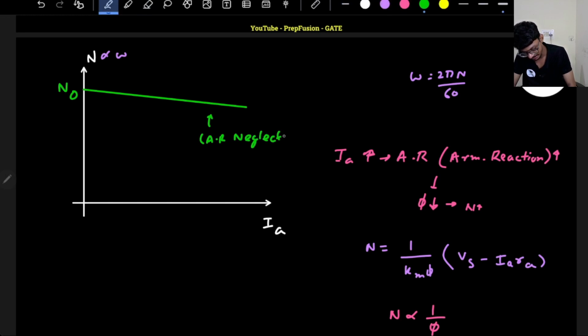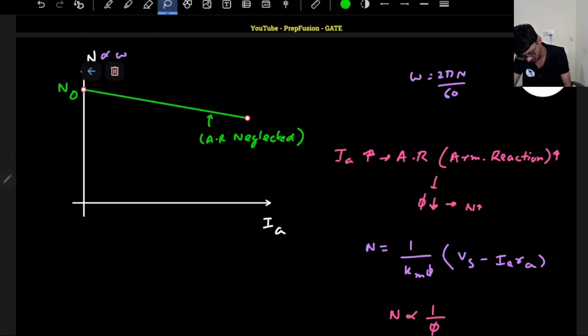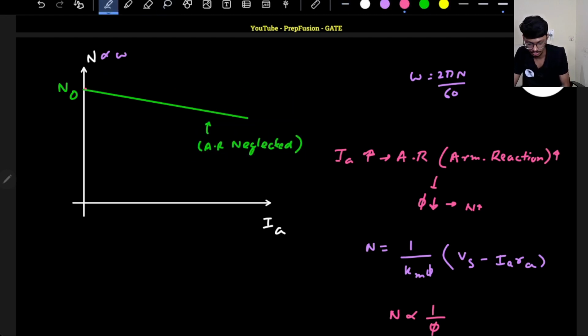Now if I consider the armature reaction, the graph will be somewhat like this. That also will be reducing only, right? That graph also will be reducing only, but it will reduce slightly in lower values. It will not reduce linearly, it will reduce non-linearly because armature reaction itself is a non-linear phenomenon.